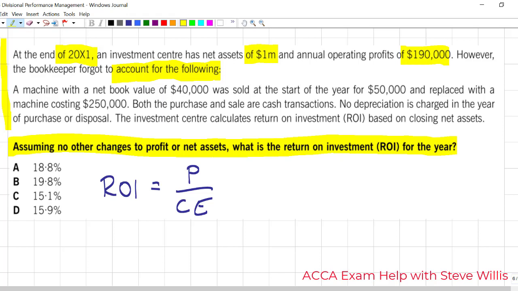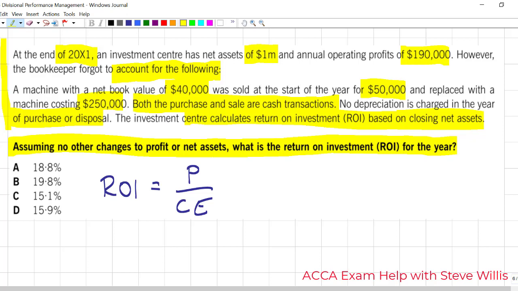A machine with a net book value was sold at the start of the year for $50,000 and replaced with a machine costing $250,000. Both the purchase and sale are cash transactions. That's nice. So there's no accruals happening here. No depreciation is charged in the year of purchase or disposal, and the ROI is based on the closing net assets.